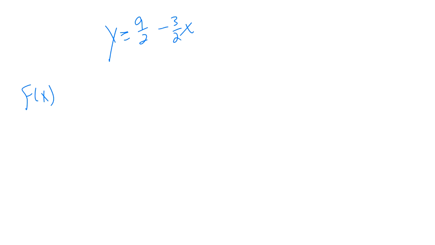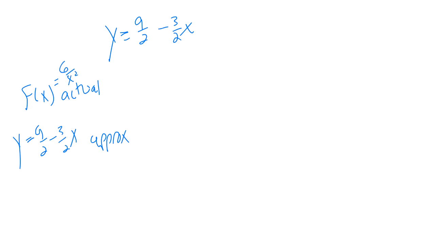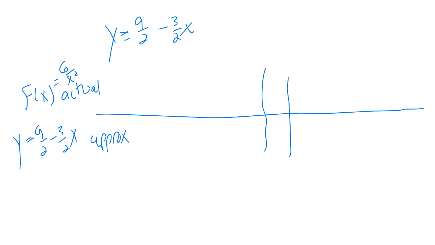So this is the actual, and this is the tangent line approximation. And this f of x, remember, was 6 over x squared. And we're going to look at the point x equals 2.